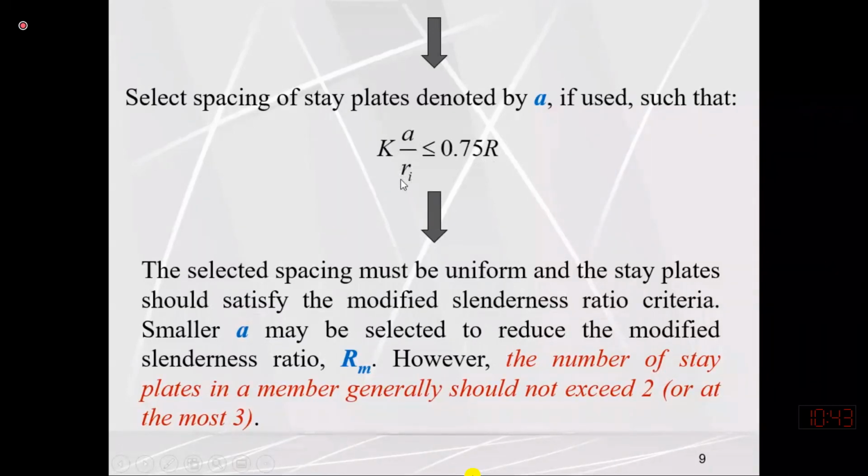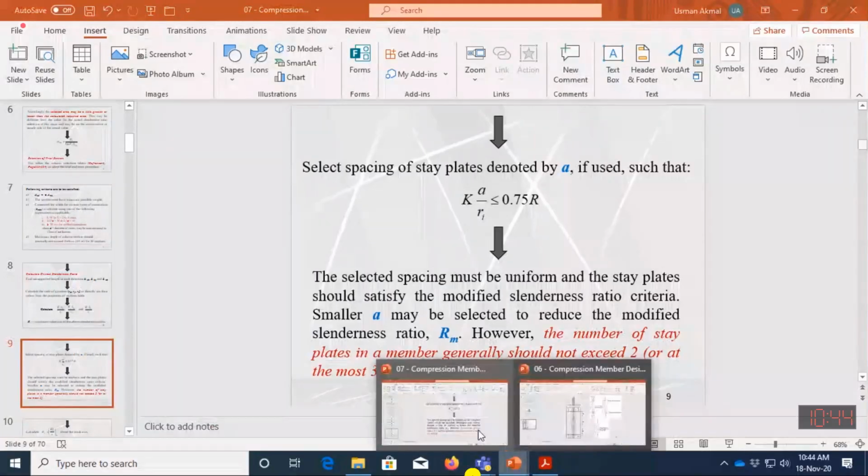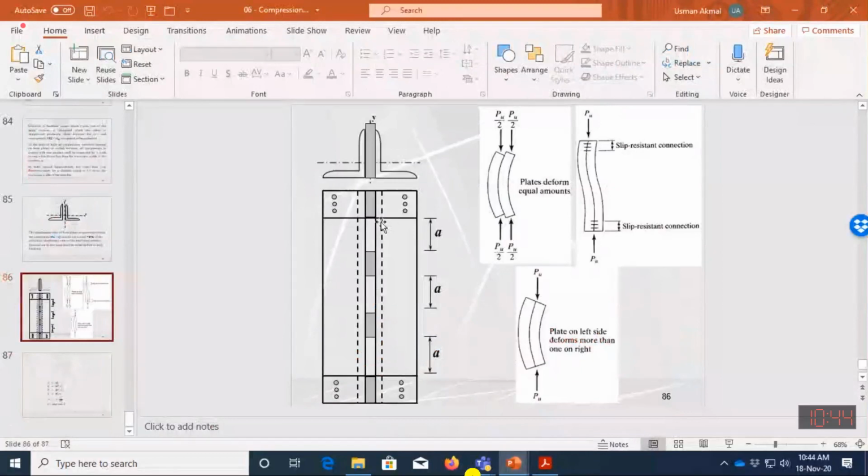The Ri value is the radius of gyration of the single section. A single section will always buckle about the axis for which the radius of gyration is minimum. If this single section is an angle, then the Ri value will be Rz.